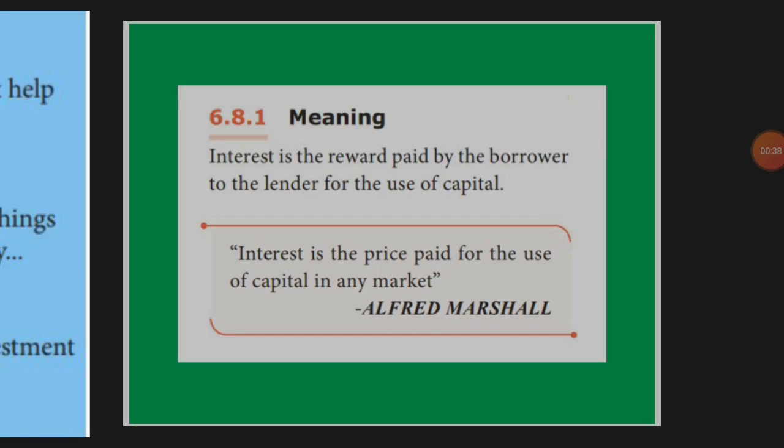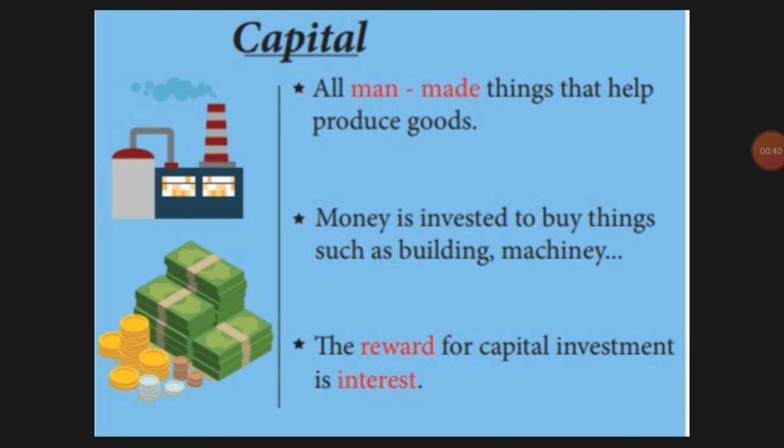For example, there is a capital good, which is a man-made good. For capital also, interest will be there. If you want to produce any goods, you have to buy a machine. To buy that machine, you have to make an investment. The reward for that investment is interest. The reward for using that machine to produce a product is interest.